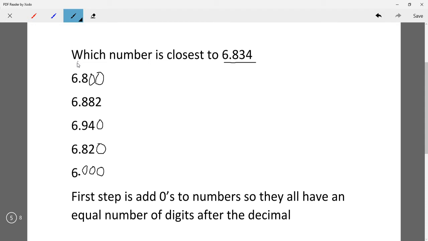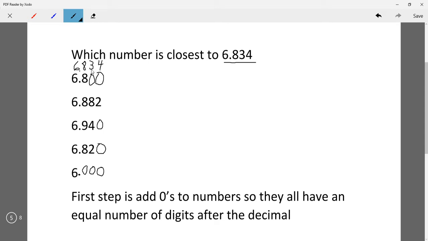Which number is closest to this number? Okay, so when we're looking for numbers that are closest, we are going to start with the biggest place value and then go down the list, and see which number is closest.